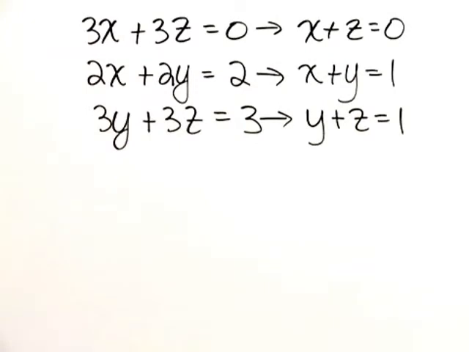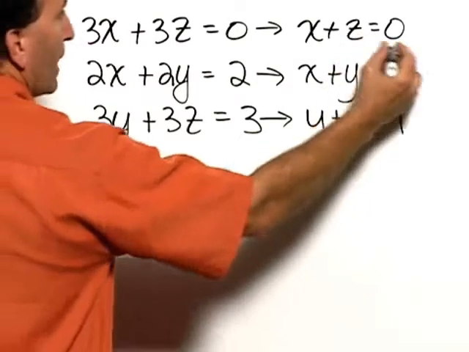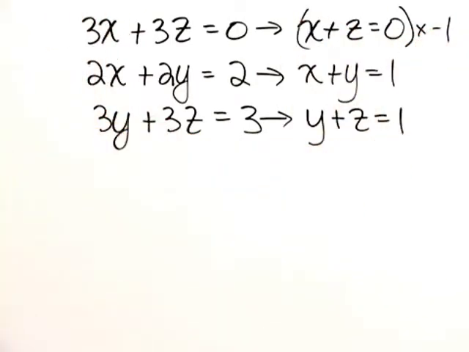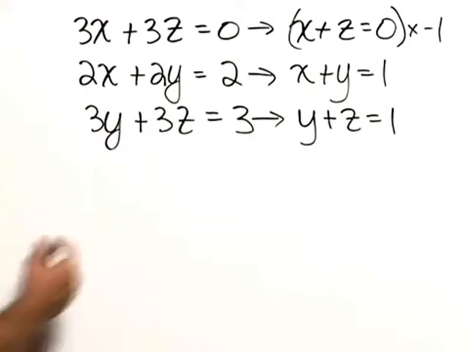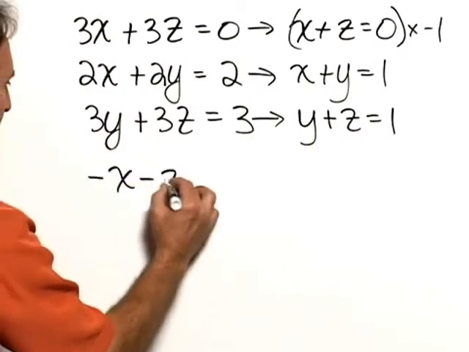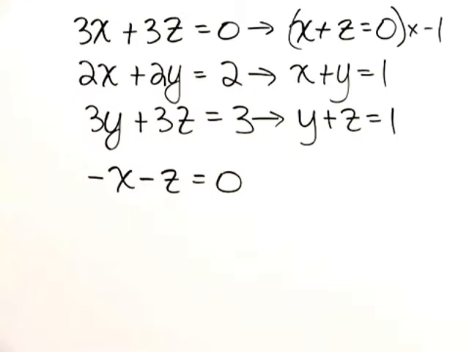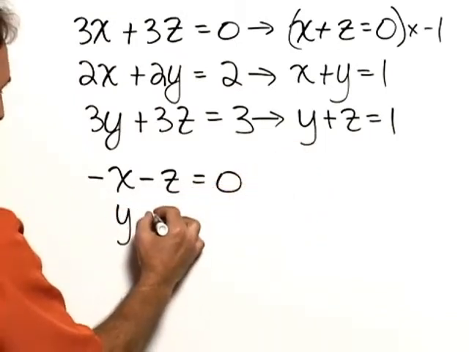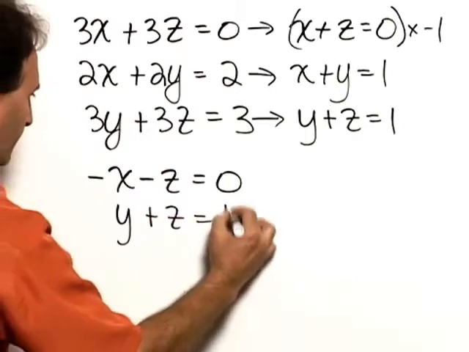What I want you to notice then is we'll multiply this equation on both sides by -1. That result would be negative x minus z equals 0. Then I'm going to write this equation down as is, y plus z equals 1.